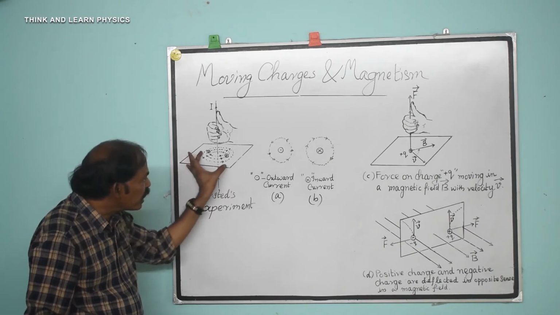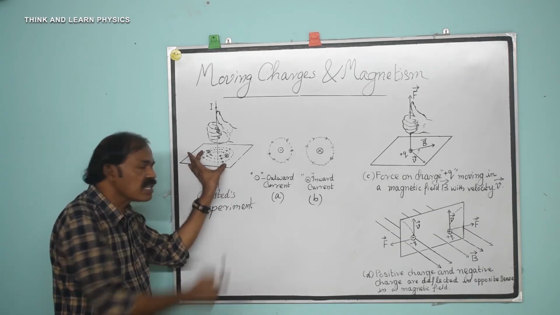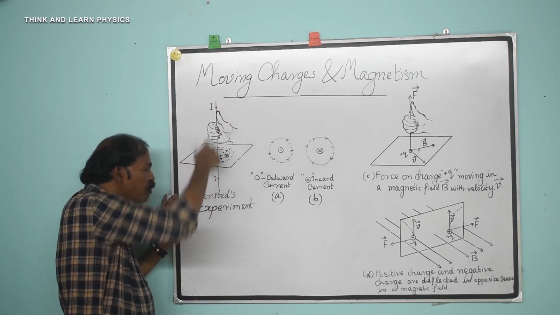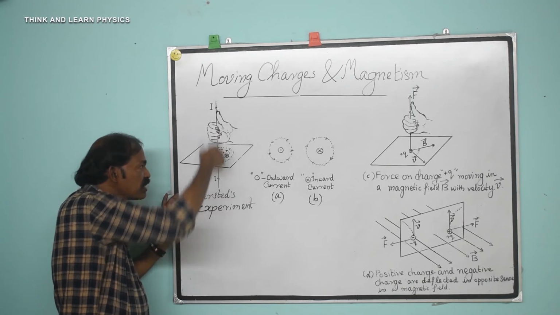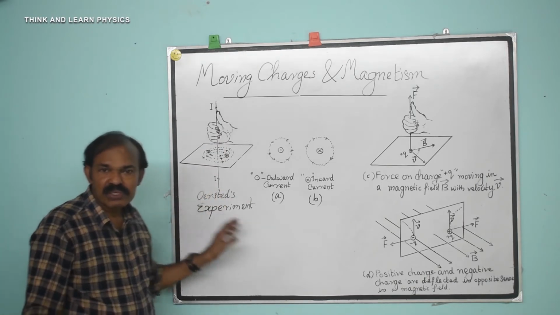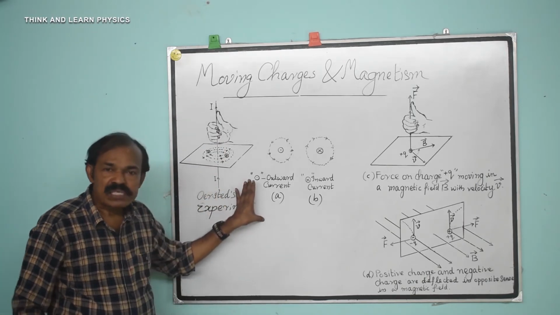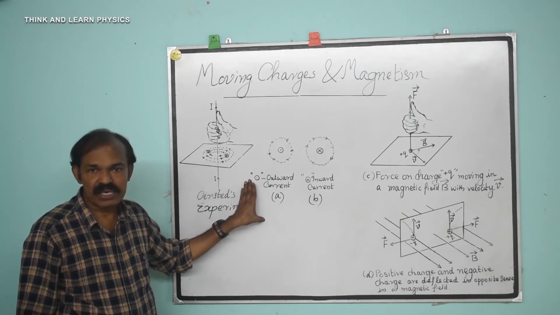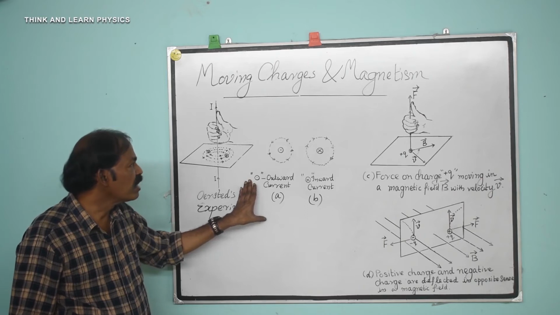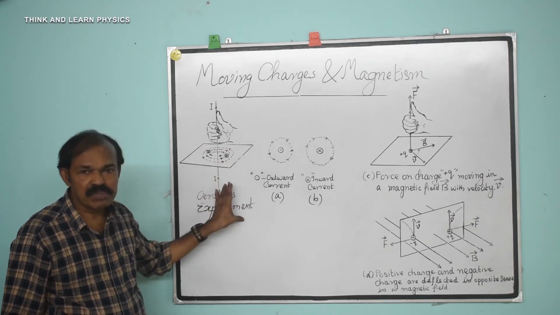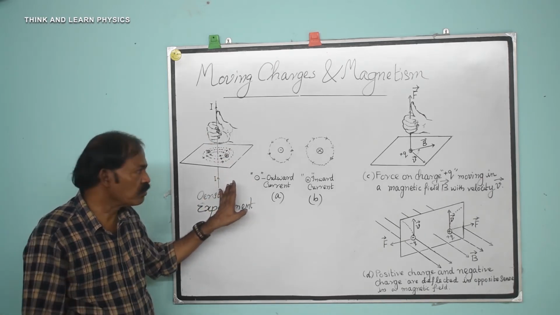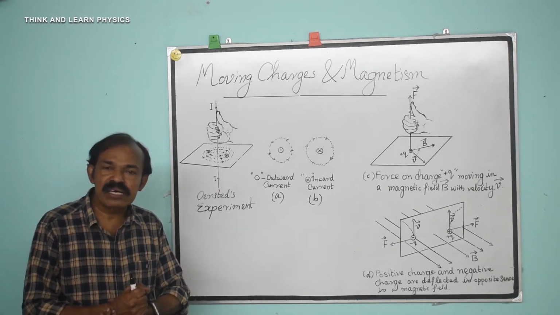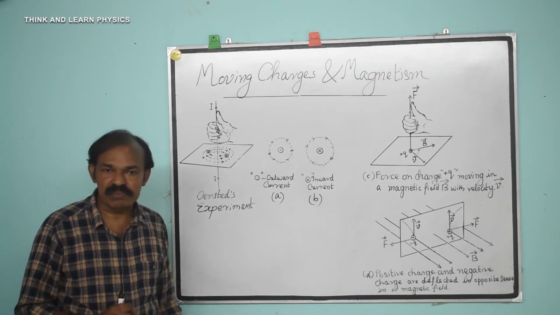Or in order to create a magnetic field like this, electrons should flow from the top to bottom along this line. So a moving charge produces a magnetic field around it, and the direction of the magnetic field is given by Fleming's right hand rule. We have seen that there is a magnetic field around a moving charge.